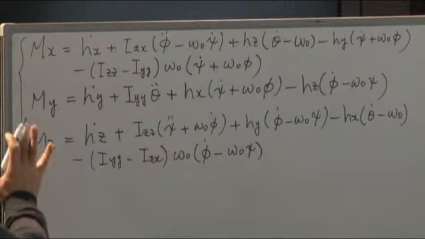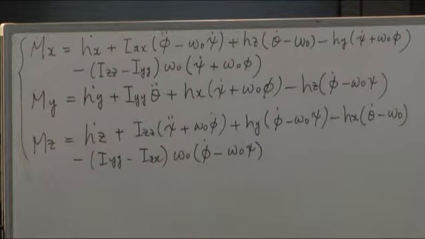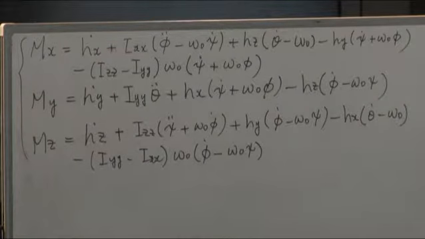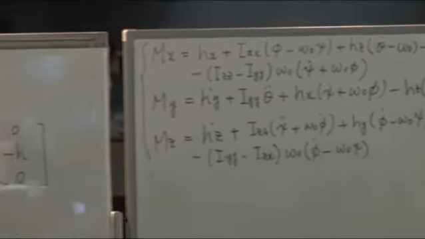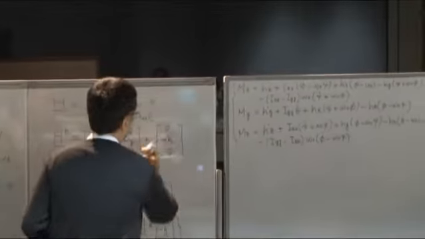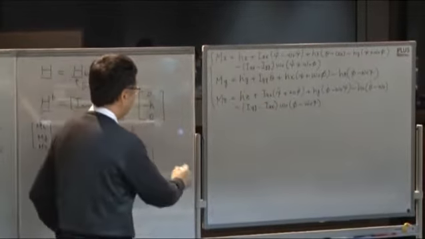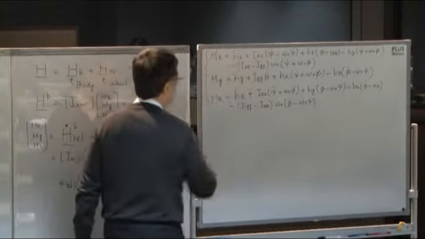In this formula we don't assume that the internal angular momentum, that is 0 minus h0, is only along y; it is now represented by hx, hy, hz.